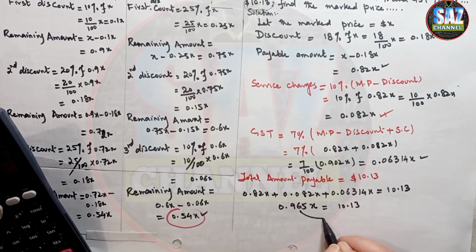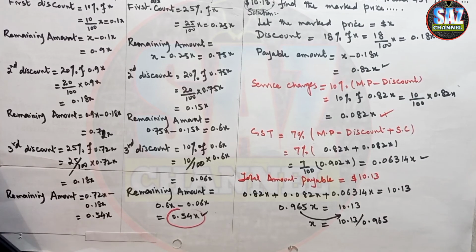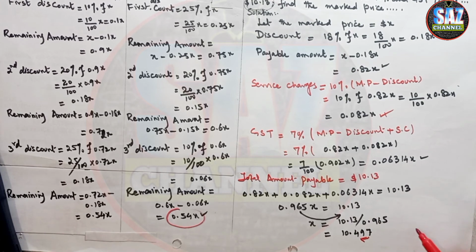In order to get the value of x, I will be shifting this 0.965 to the other side. 10.13 upon 0.965 equals 10.497. So I have to give my answer to the nearest cent, so x will be equal to $10.50. So the mark price is $10.50.